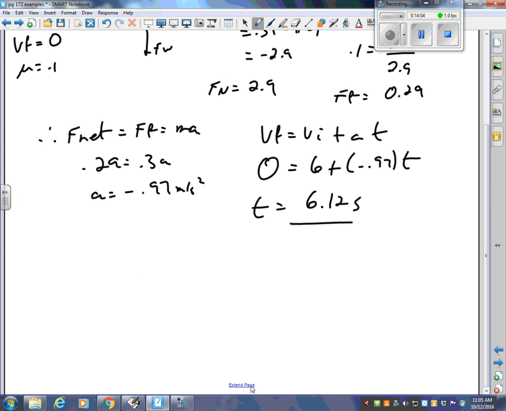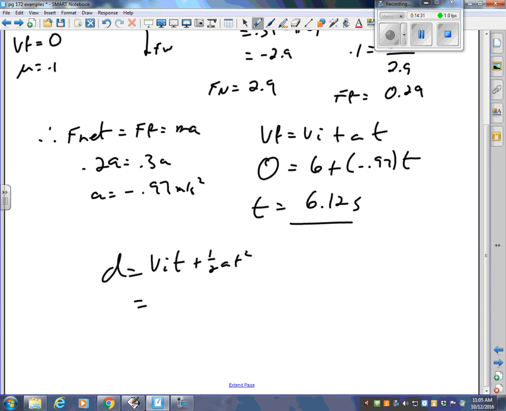And once you've got that, then you're going to go d equals Vi t plus a half a t squared.